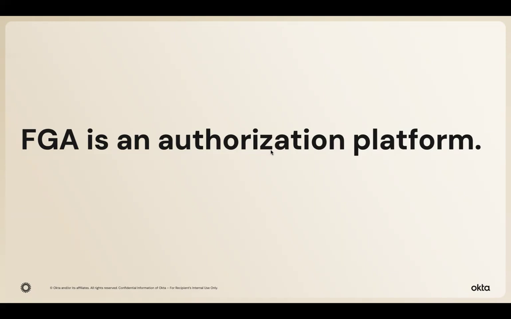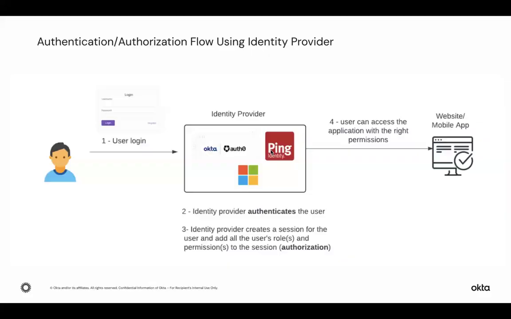Let's take a step back and see how authorization happened before FGA, and then how authorization will happen after. The first slide here, I want to talk about authentication and authorization using your identity provider.